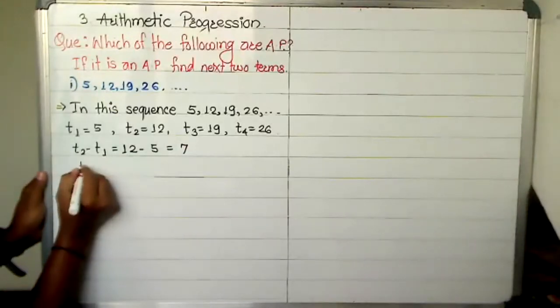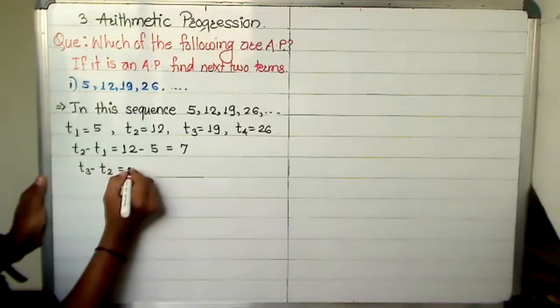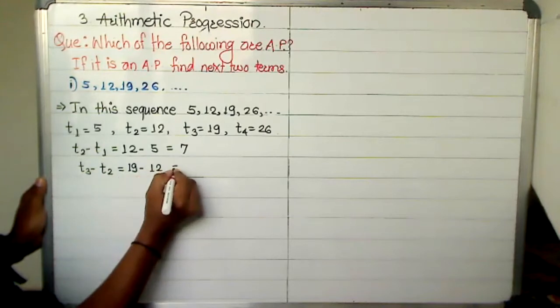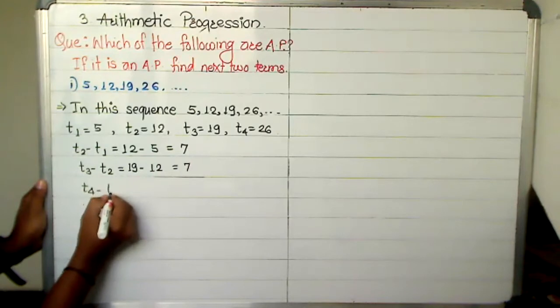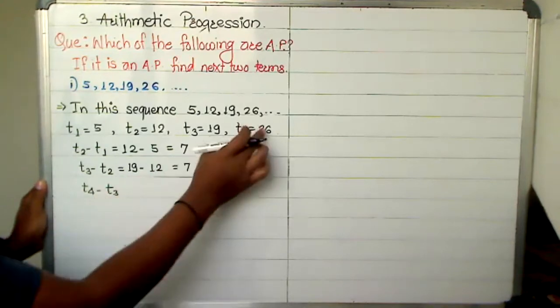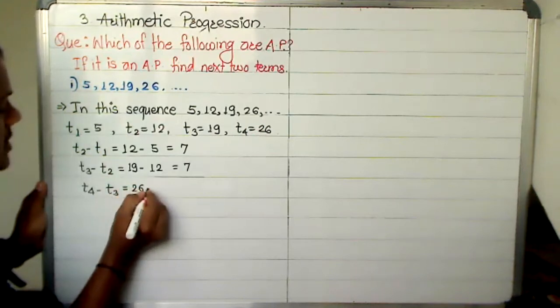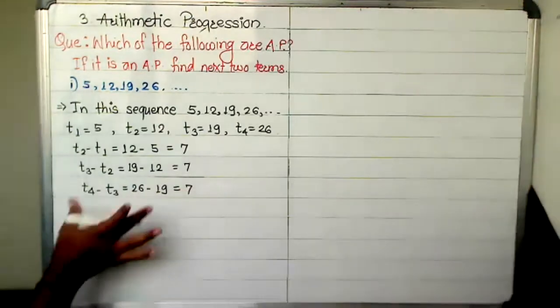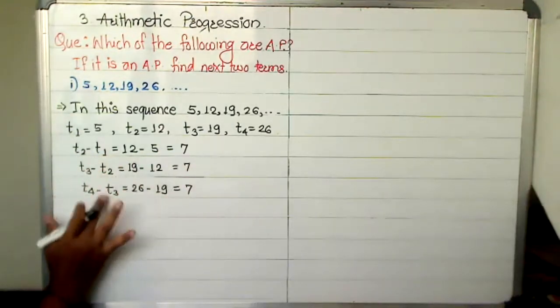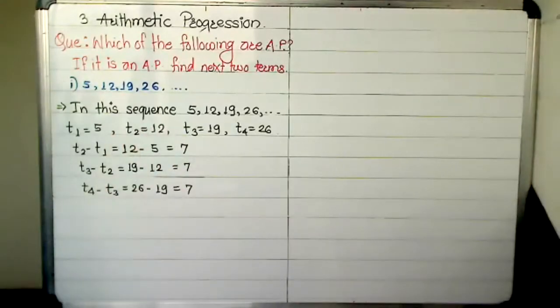Again, T3 minus T2 is 19 minus 12, which is 7. And T4 minus T3: T4 is 26, T3 is 19, so 26 minus 19 is 7. If you observe carefully, the difference between any two consecutive numbers is the same, which is 7 here.